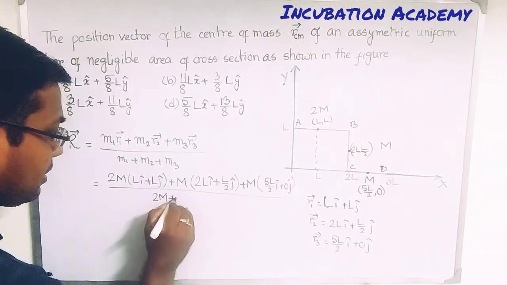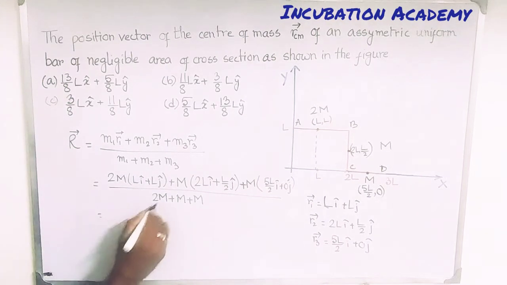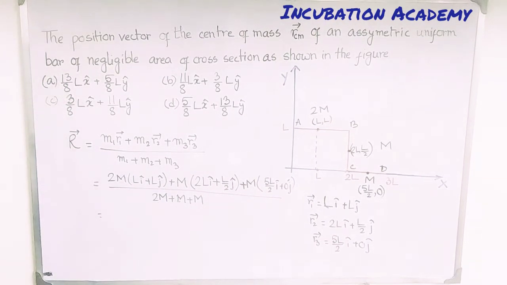Okay. So 2m plus m is 3m, 3m plus m is 4m.